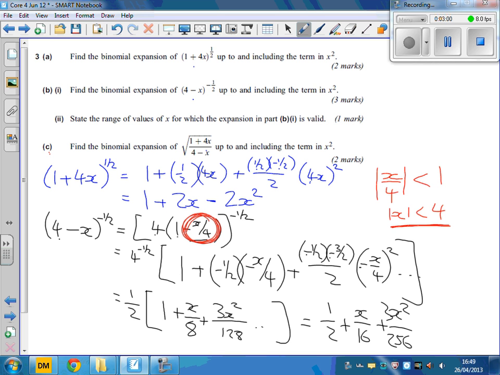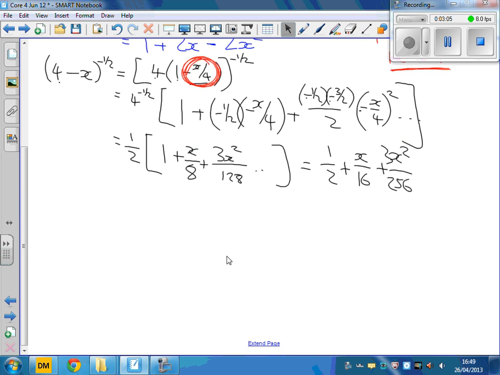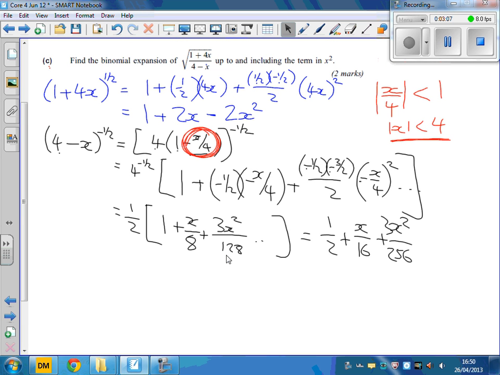Right, so part C, how are we going to combine these two things together and work this out? This thing we're trying to do is the square root of 1 plus 4x over the square root of 4 minus x. Notice I've already split it into 2 bits. Well, this is the bit that we did to start with, and this is the bit that we did secondly, because look, we got 4 minus x to the power of minus a half because it's on the bottom.